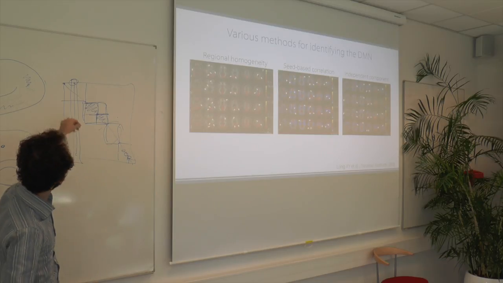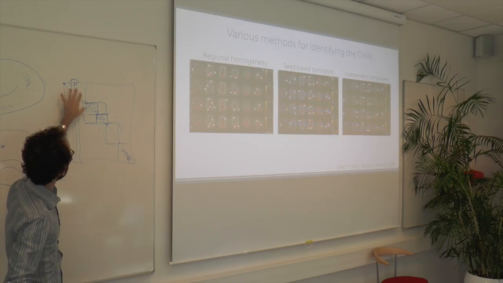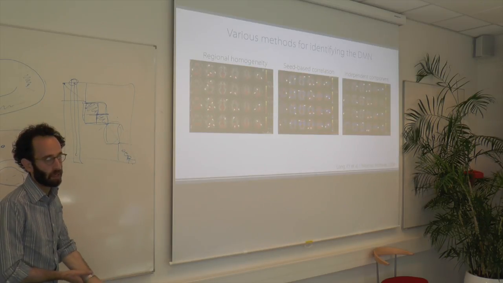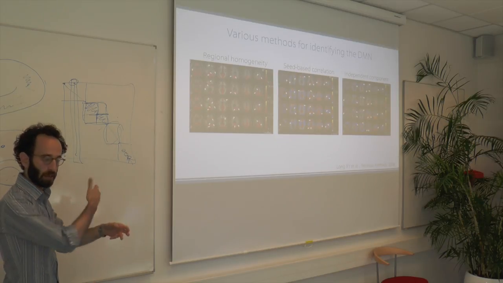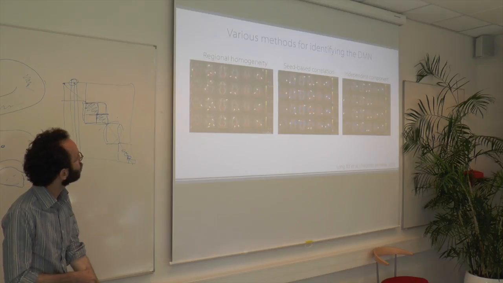So with seed-based correlation, we're looking at rows of that. With something like independent component analysis, we're restructuring the matrix and trying to divide it up and find independent signals within that matrix.